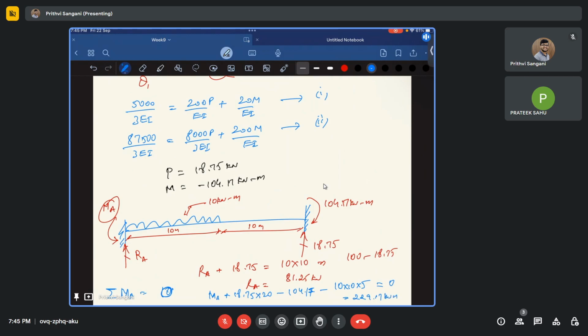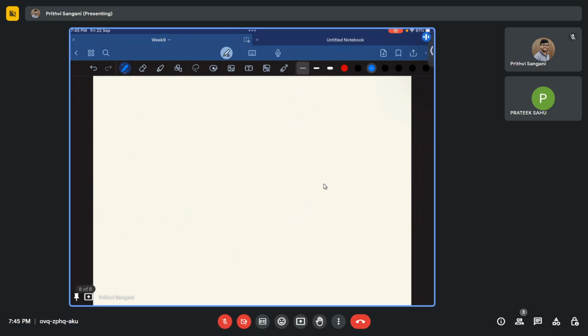Now I'll write down my complete solution here. This is my fixed support. I have a UDL of 10 kilonewton per meter acting.